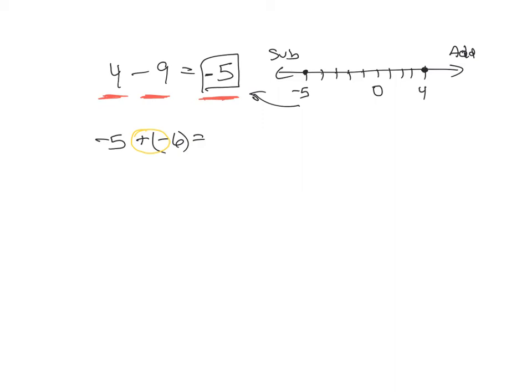So what does it change to? Well, if I added something negative, is that good or bad? If I gave you something negative, that'd be like adding negative. Is that good or is that bad?